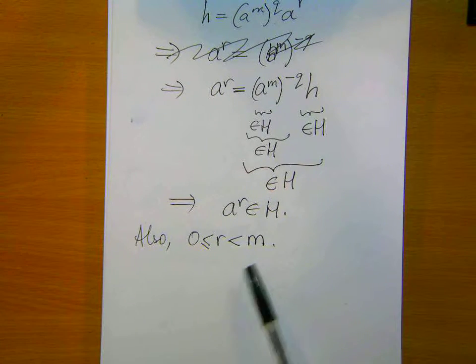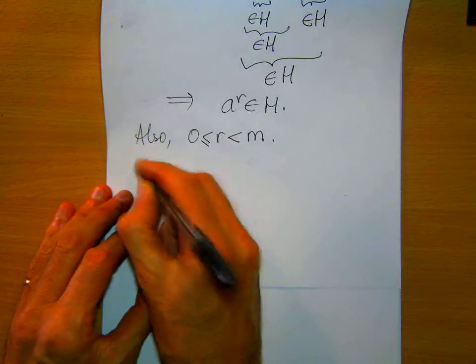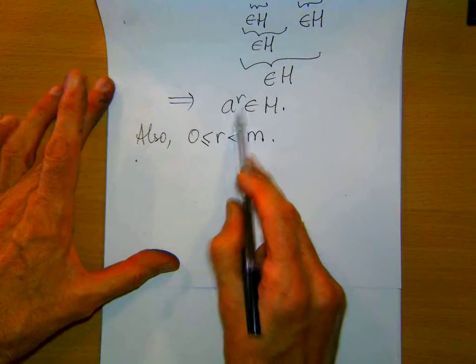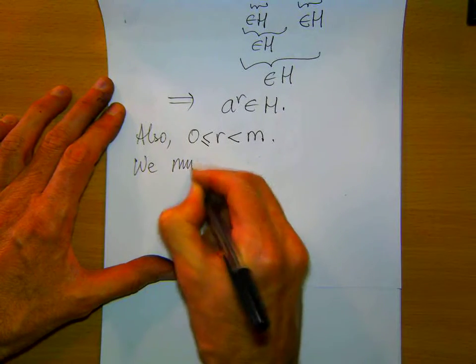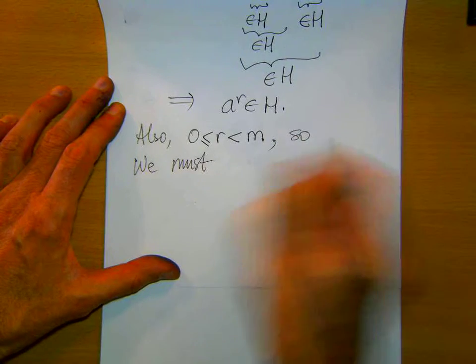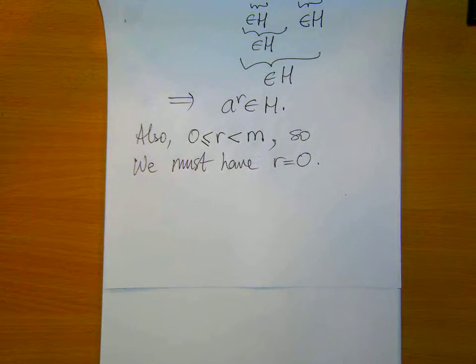But m is the smallest positive power of a that lives in H. So we must have r equals 0. Because otherwise r would be a positive number smaller than m, such that a to the r was in H. But m is the smallest one. So r's got to be 0.